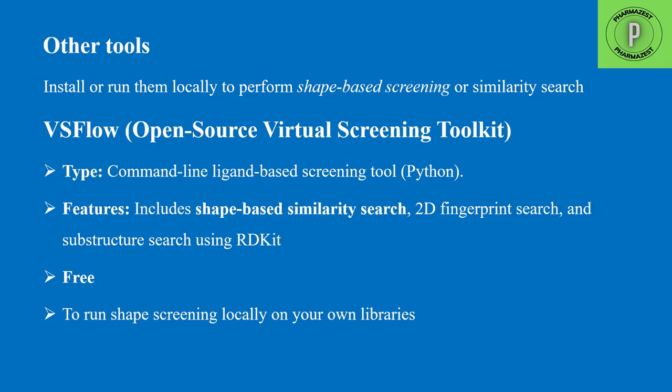Other tools include Virtual Screening Workflow, an open source virtual screening toolkit. Here you can go to the website and download this software onto your laptop or system, whichever is available, and you can perform the screening on your own laptop.